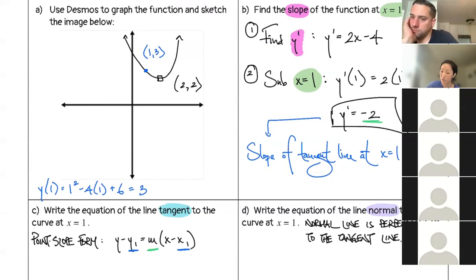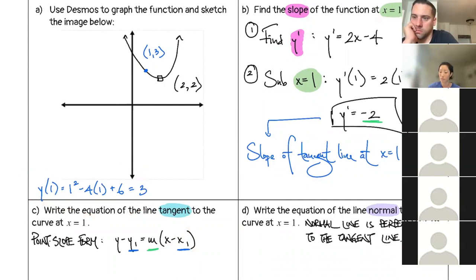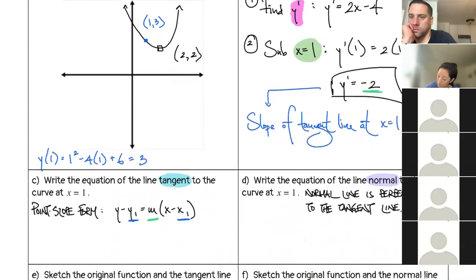Okay. So the beauty of this, you don't need to know the y-intercept. In fact, when they tell you where they want you to find the slope, they're already giving you the x1. All you have to do is find the y1, and then you've got all the pieces that you need. So what are we going to plug in?